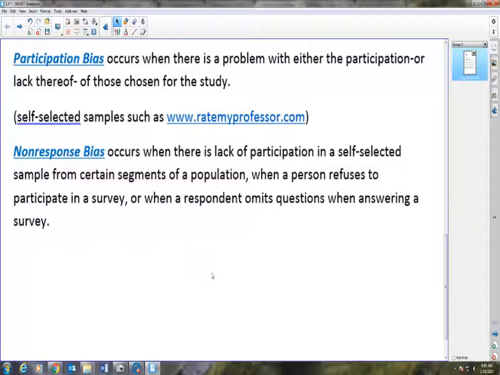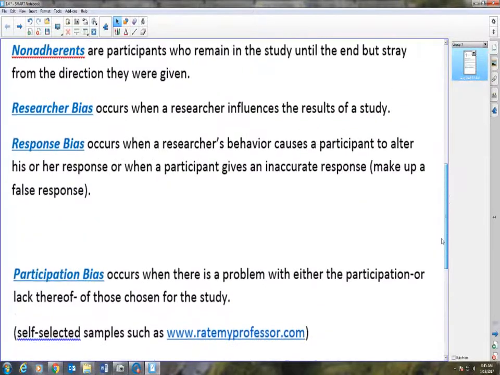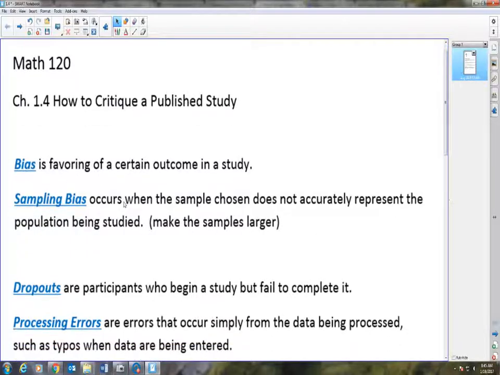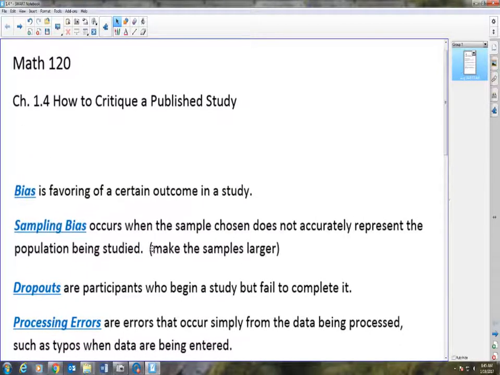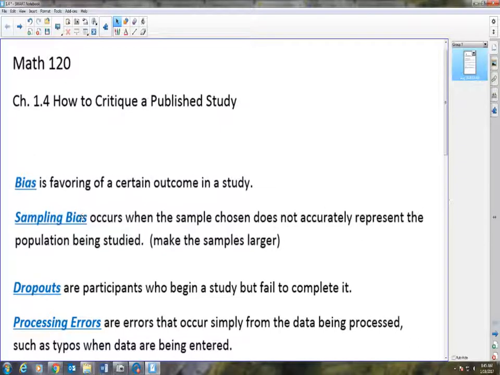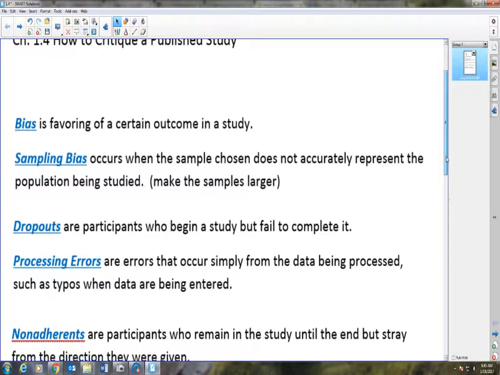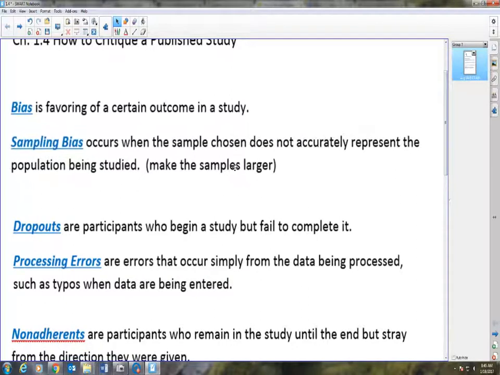The whole point is, in statistics, we are trying not to be biased. We're trying to be as neutral as we can be when we collect data and when we group it into tables and charts. We try not to influence or persuade the reader.